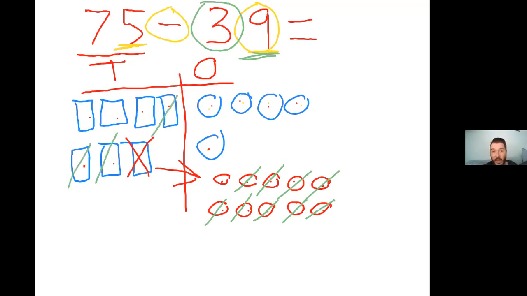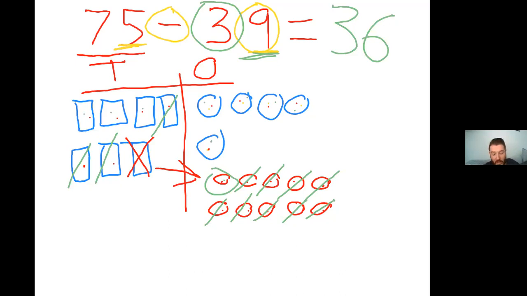And then last job, check how many I've got left. 10, 20, 30, 31, 32, 33, 34, 35, 36. Don't forget that little 1 down there, okay? 36. So 75 take away 39 gives us 36.